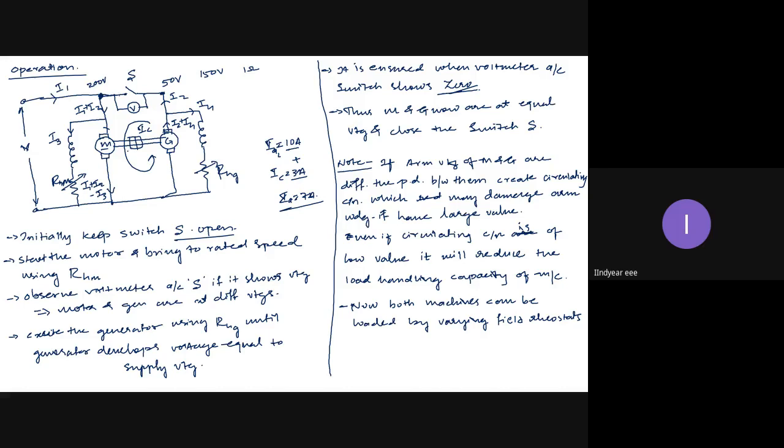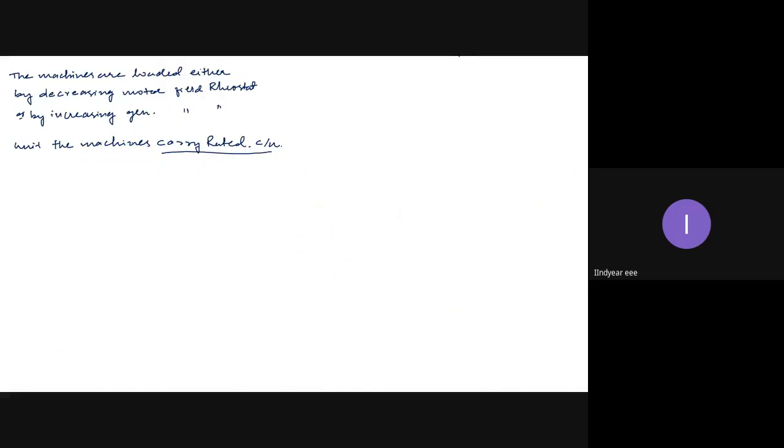In this way, this Hopkinson test system, the MG set, will operate on the full load condition. It can be operated at partial load condition also. If I vary these rheostats under load conditions, before the rated current is carried, that is a partial load condition. So one advantage of this testing method is that I can test the machine performance at full load as well as at partial load.